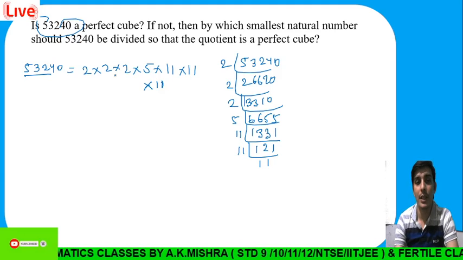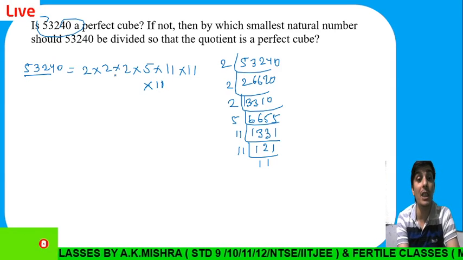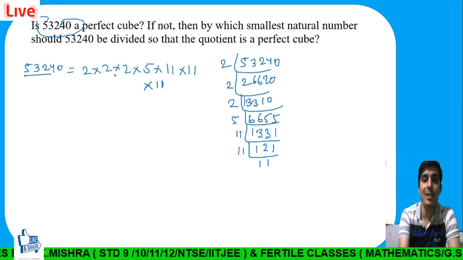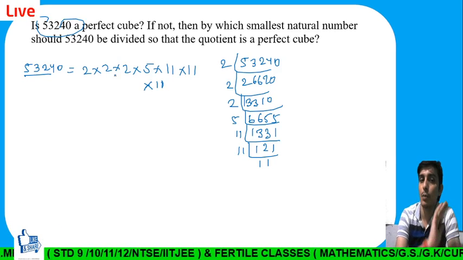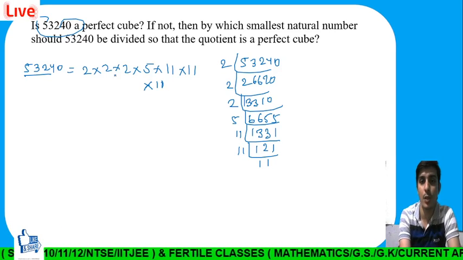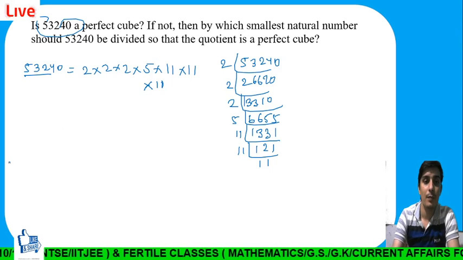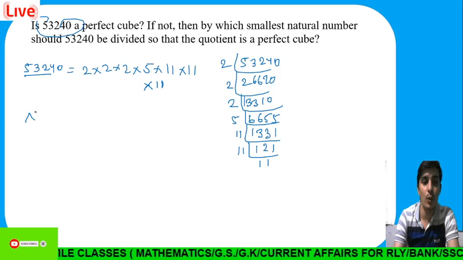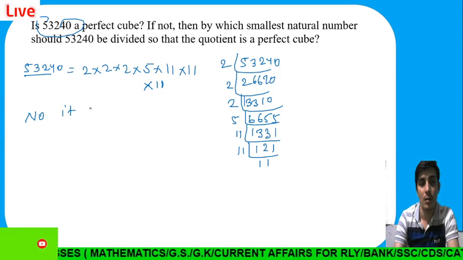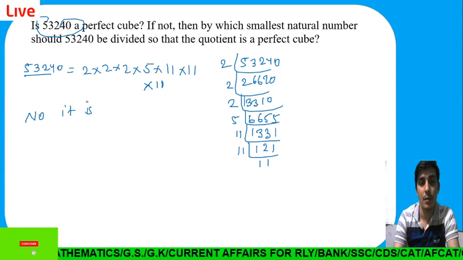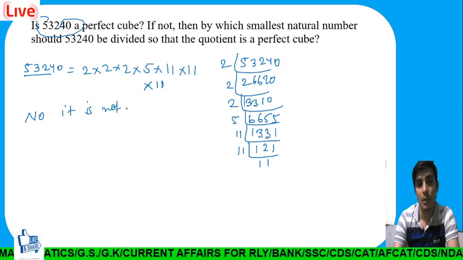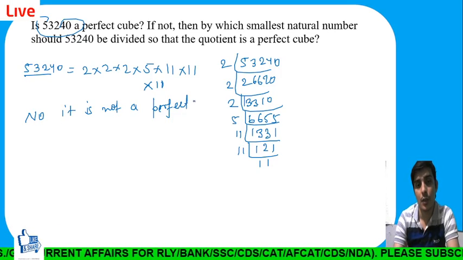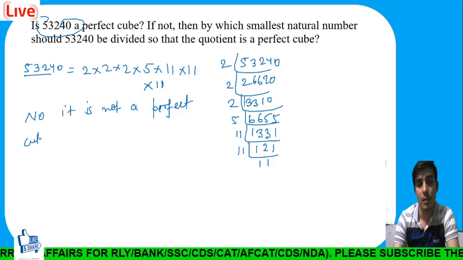By observing the prime factorization of 53,240, you can say that due to the 5, it is not a perfect cube. After dividing by the 5, it must be a perfect cube, guys. So first of all we have to check. It is not a perfect cube. Why?